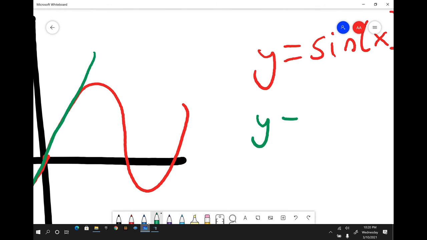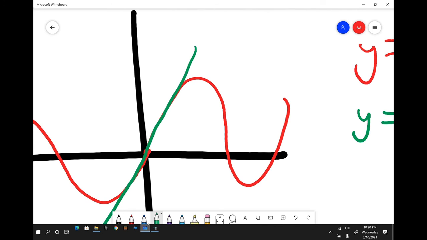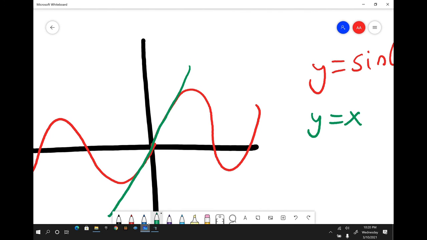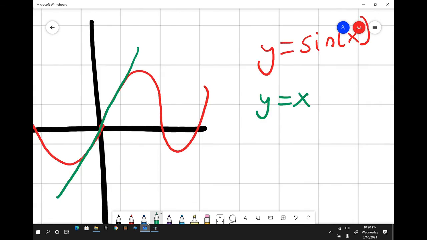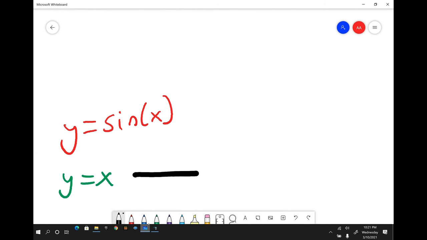So drawing this here, or writing this here, we can say that for small inputs of x, these two functions are identical.